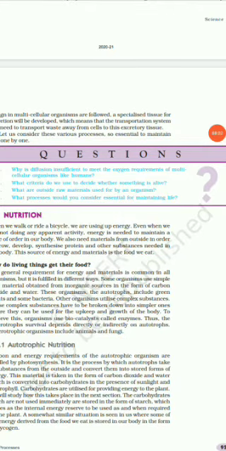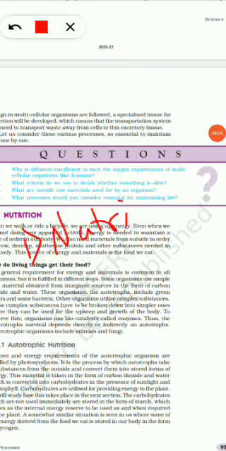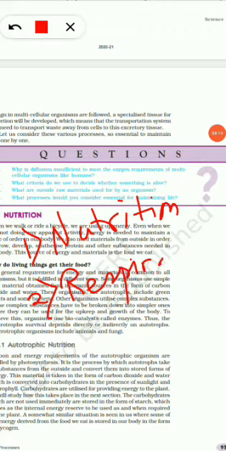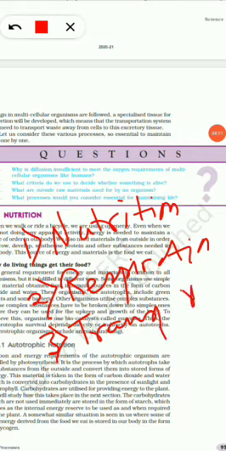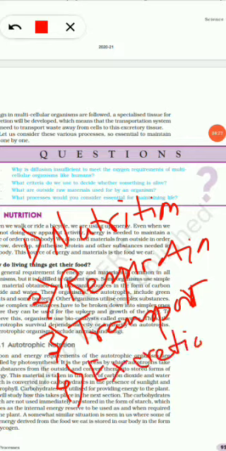So now just to answer this question, first is nutrition, then second is respiration, third is transport, and fourth is excretion. So these are the various life processes.